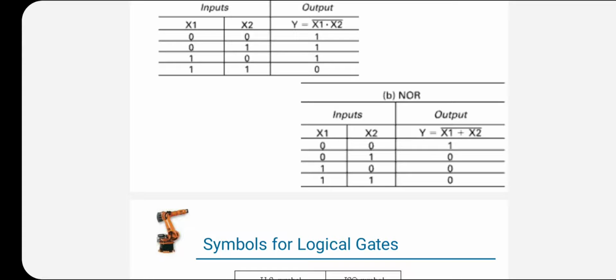As OR is 1, NOR is reverse or NOT of OR, that is 0. And if both x1 and x2 are 1, then result is 1 for OR and result for NOR is 0. Is it clear?